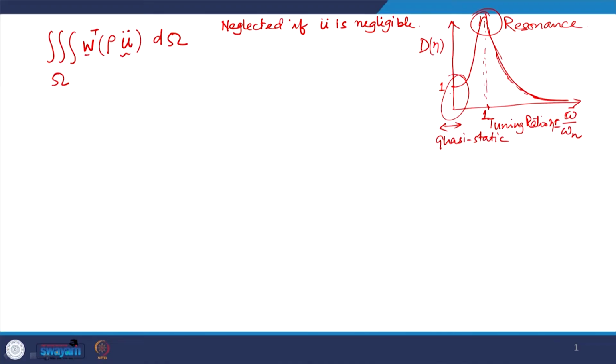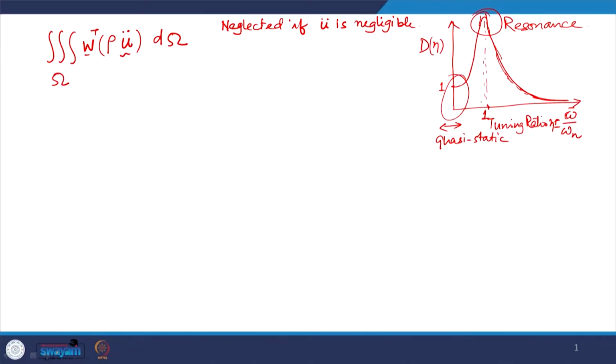So, this is the very low frequencies, when the excitation frequencies are very small in comparison with the natural frequency, then this problem can be dealt with as a static problem as we have been doing so far. Beyond that, it is a dynamic problem, and there are different categorizations.